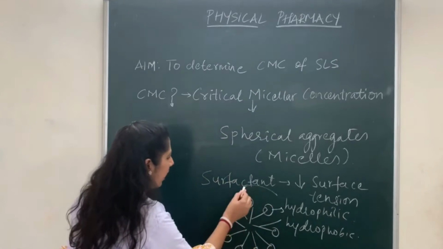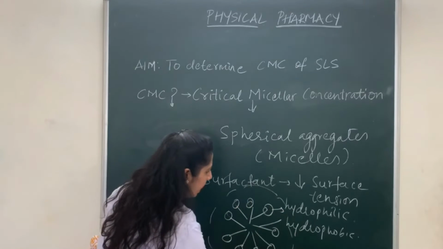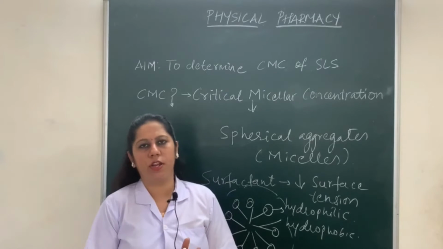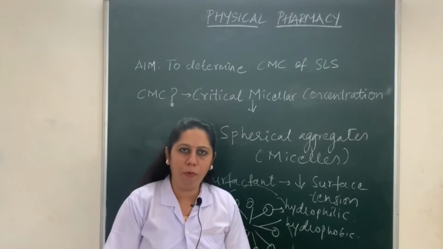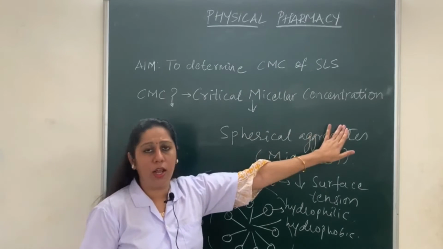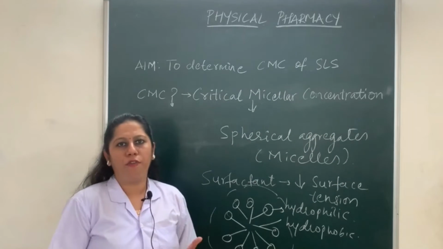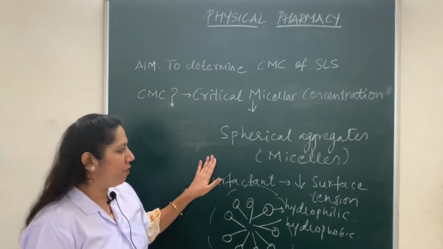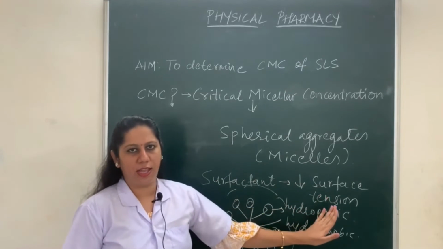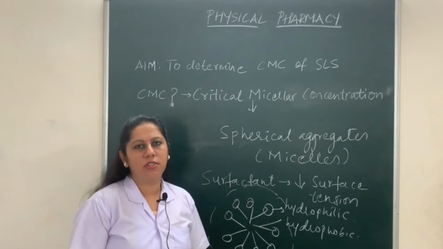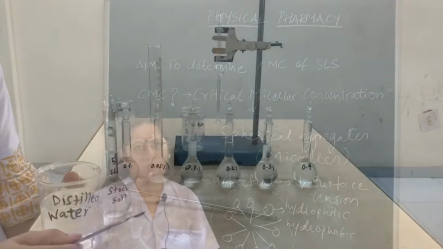These aggregates are known as micelles, and the concentration at which the surfactant forms the micelles is known as the critical micellar concentration, above which the property of any liquid does not change more. Like the property of surfactant is to decrease the surface tension, but above the CMC there will be no considerable change in the surface tension.